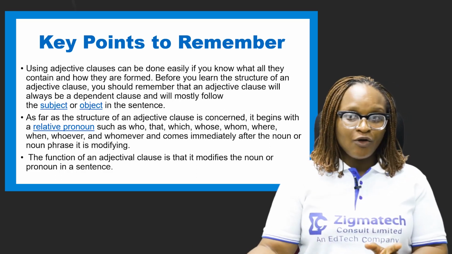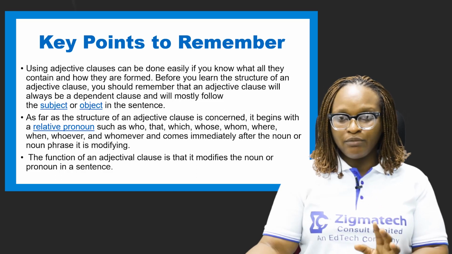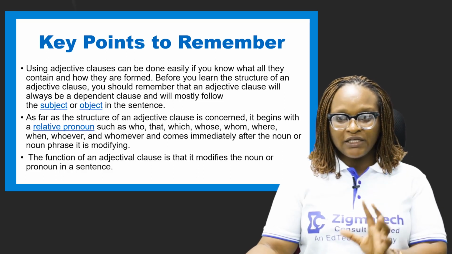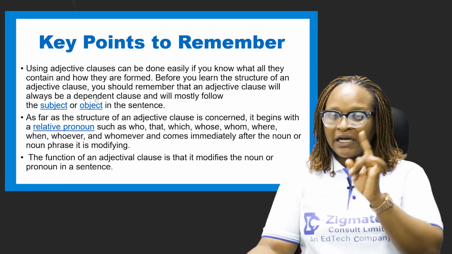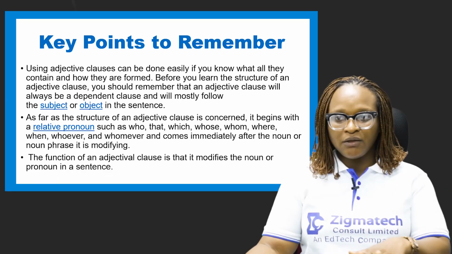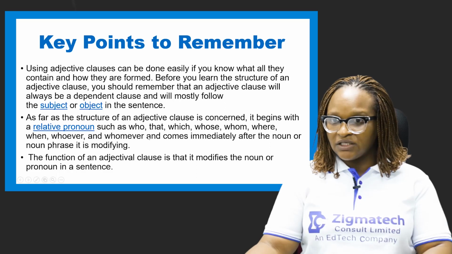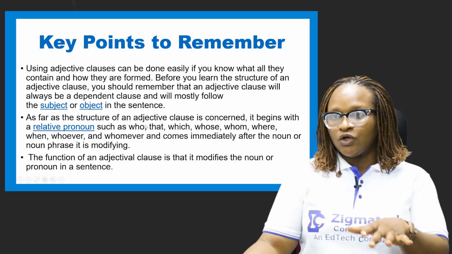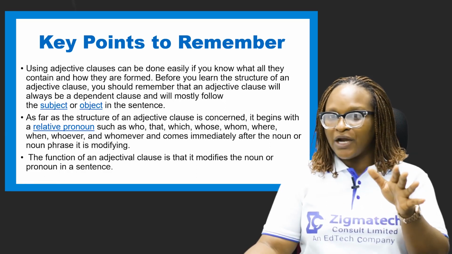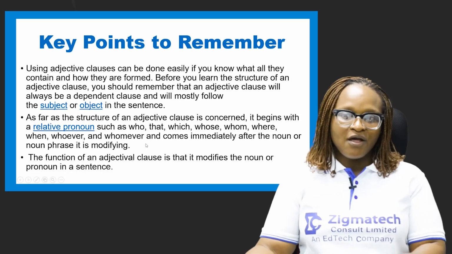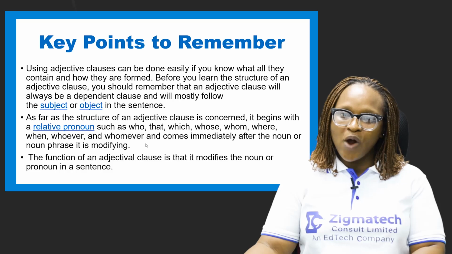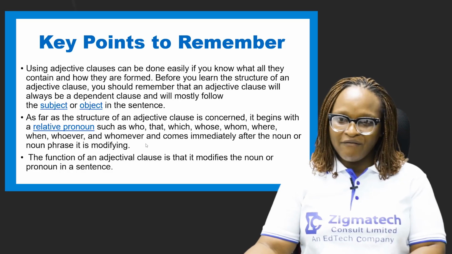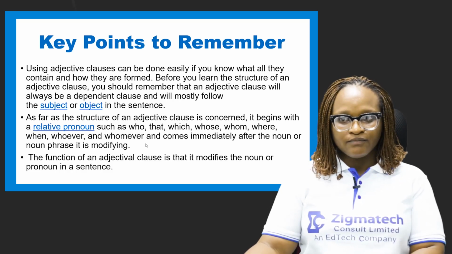Okay, so time would not permit us for today, but we'll definitely get a note on noun clause so that we'll distinguish between identifying the noun clause and the relative clause using these words that have been mentioned. So for the relative pronouns, we have who, that, which, whose, whom, where, when, whoever, and whomever.